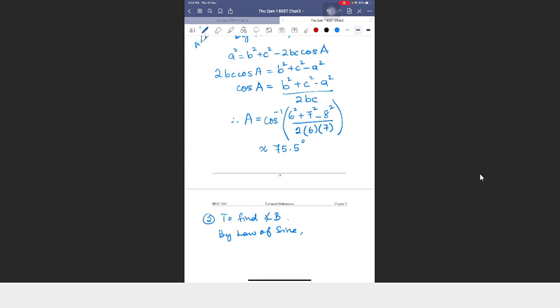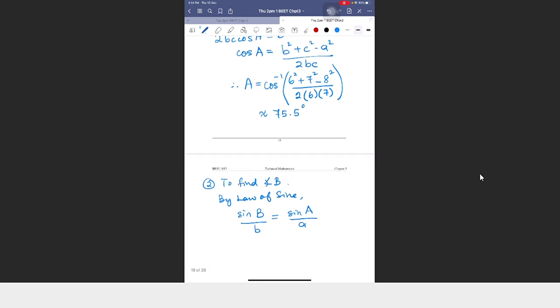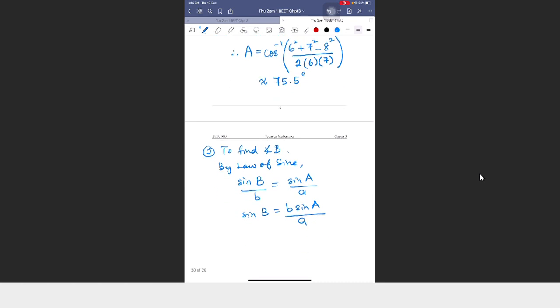So I can establish my law of sine like this: sine B, because this is what I want, over B. I've already gotten angle A, so sine A over A. Then sine B is B sine A over A. To find my B, it will be sine inverse.